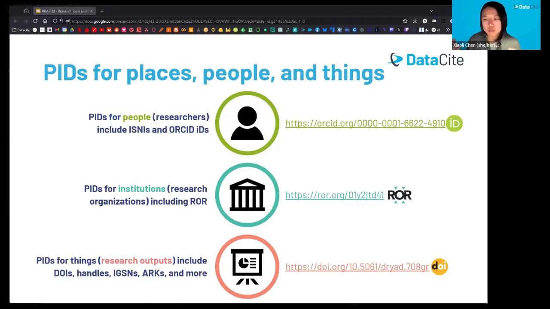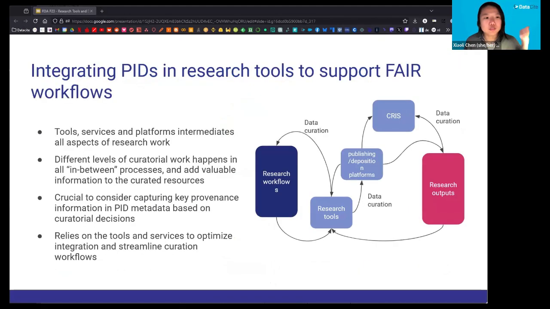These open PID systems talk to each other and get integrated into the wide array of research tools used in research processes, research management processes, or publishing and deposition processes, which links back to the topic of this session: all of these tools, services, and platforms that we gather in this interest group.